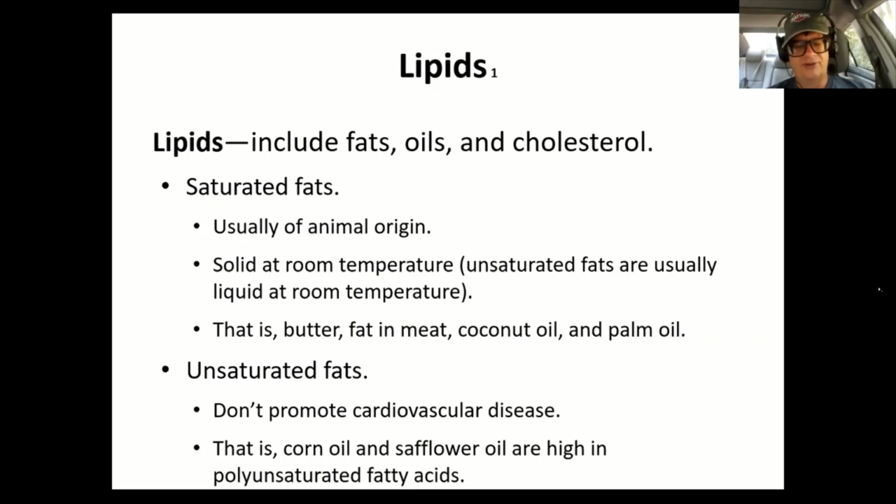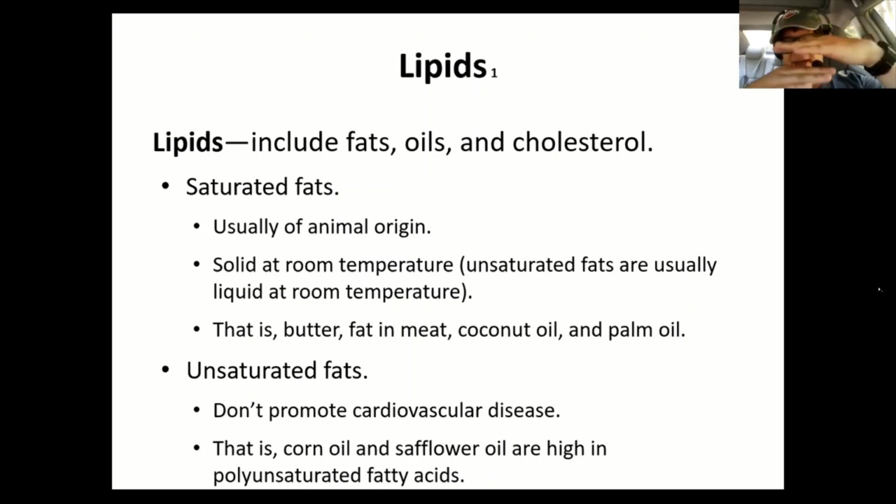So corn oil, safflower oil, it says high in polyunsaturated fatty acids. Poly means many, unsaturated means you've got double or triple bonds in that chain of fat. So we have a fatty acid chain and it's a long chain. If it's got all the hydrogens it can hold, it is saturated with hydrogen. That's what we're talking about when we talk about a saturated fat.